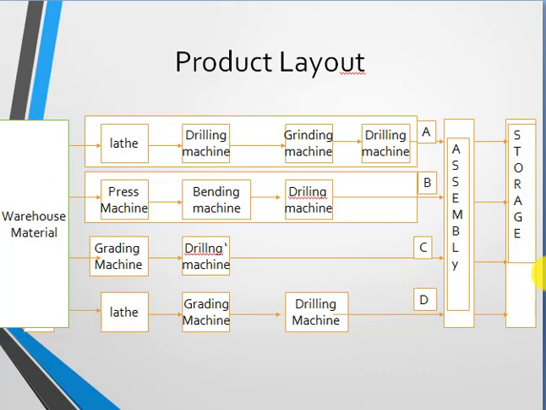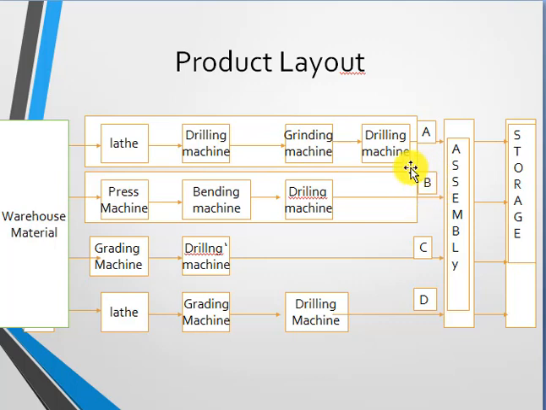And the product layout, as seen in this picture, is classified by the products produced in a company, or maybe a spare part produced in the company. As you can see here, we have A, B, C spare parts that will be assembled and then moved to storage. To produce product A, it passes through a series of activities such as lathe, drilling machine, grinding machine, and drilling machine.